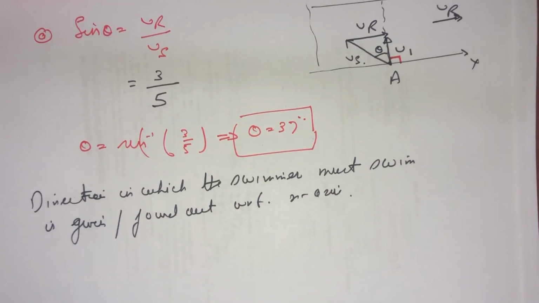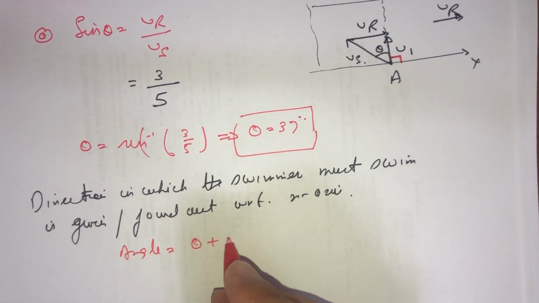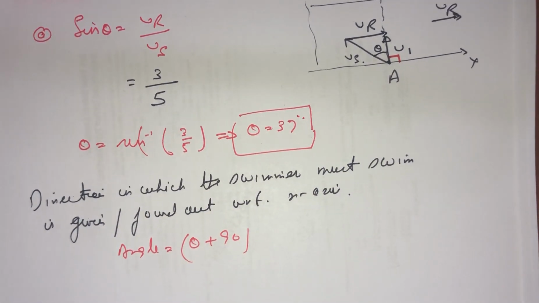We can see that the angle at which he swims will be theta plus 90 degrees.